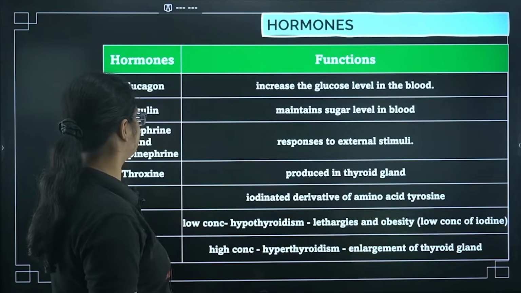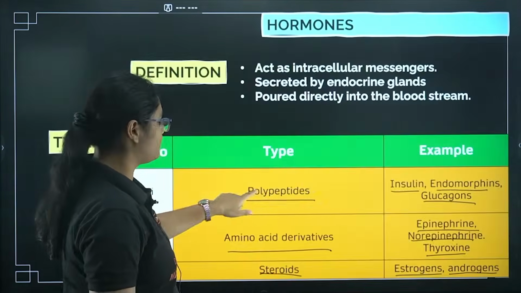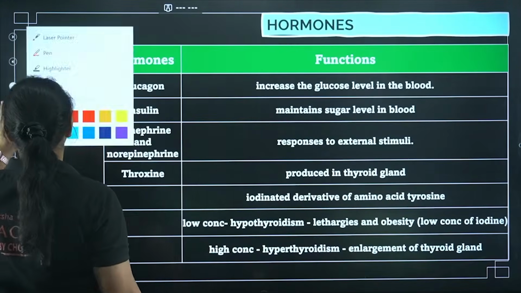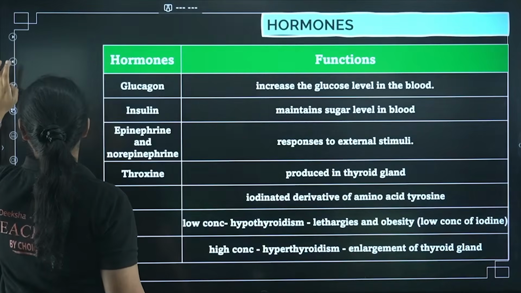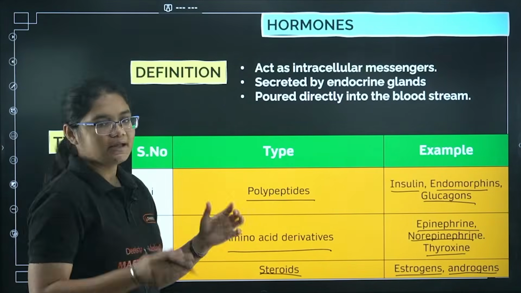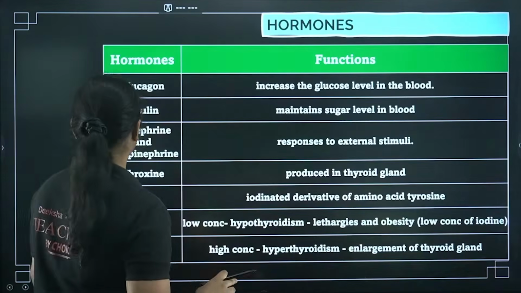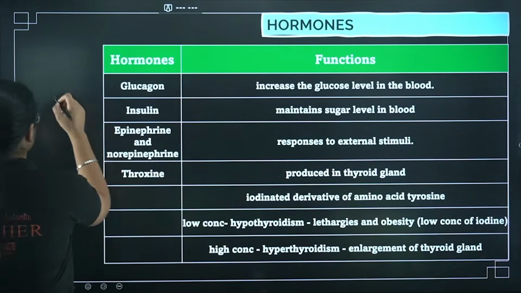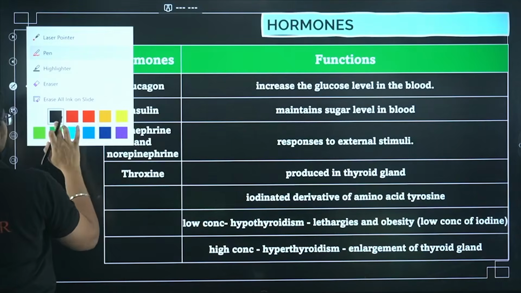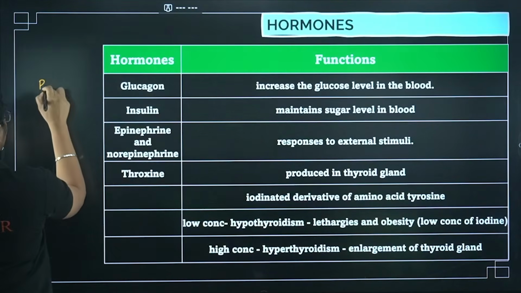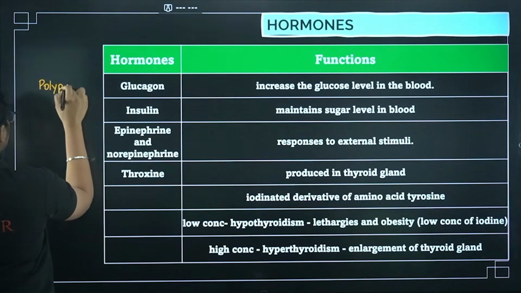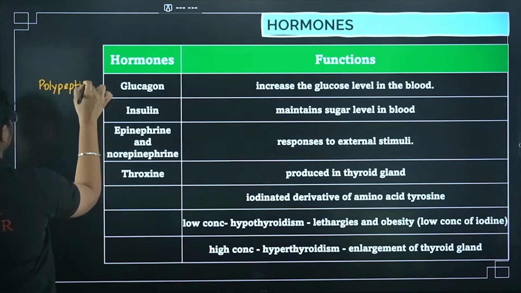So first of all, glucagon is a polypeptide. I'll write here. So we have three major types of hormones: polypeptide, amino acid derivatives and steroids, right? So where do we have glucagon? Glucagon is a polypeptide. Okay.